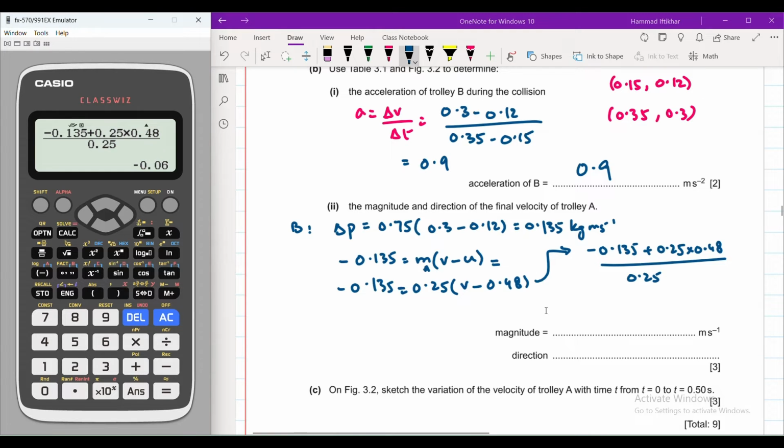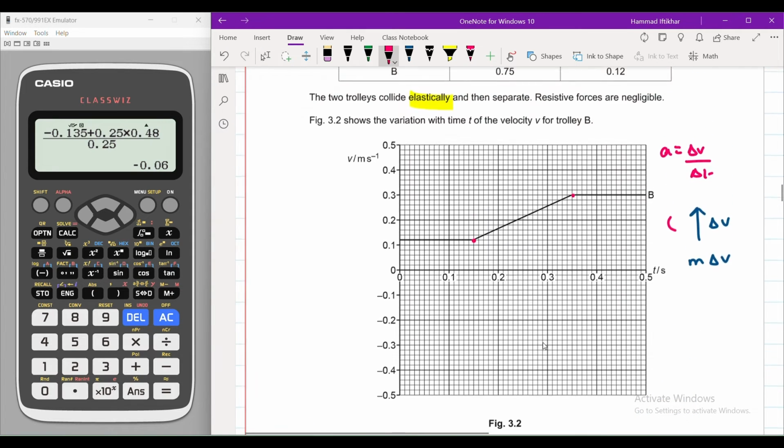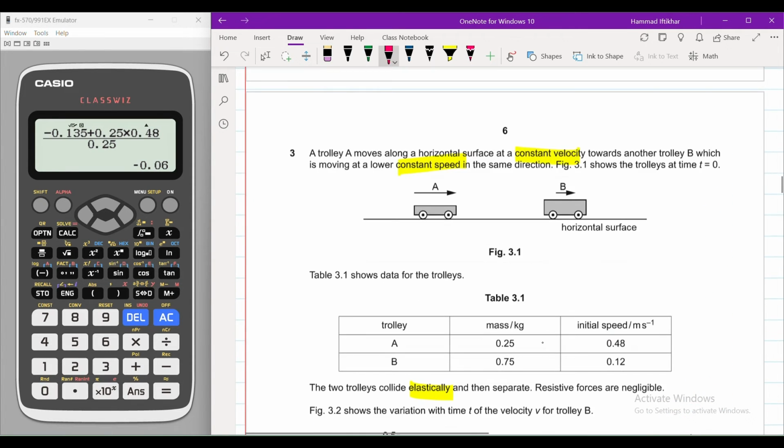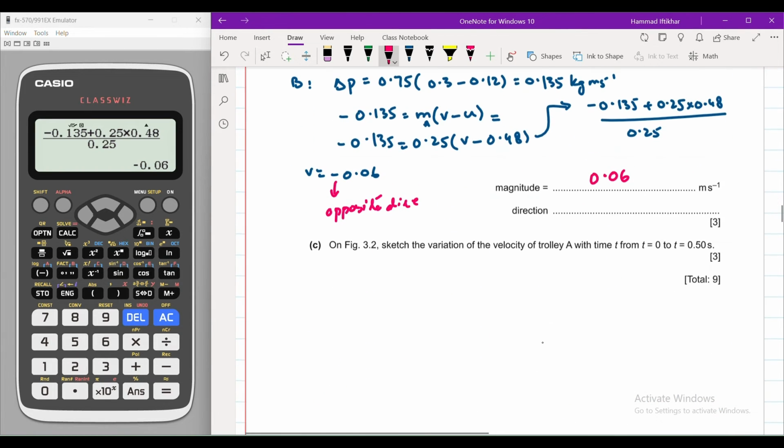So this is 0.06, minus 0.06, which means that the minus indicates the opposite direction. So magnitude is 0.06 and the direction is opposite to the initial direction.